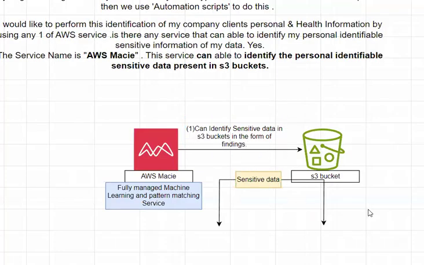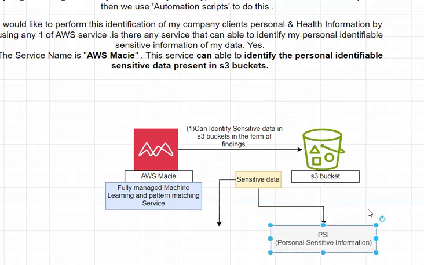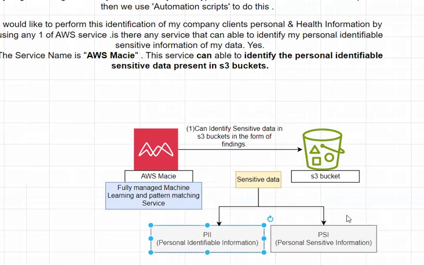That is personally identifiable information or personal sensitive information. So these two types, PII and PSI, it can identify these two types of sensitive information present in your S3 bucket.